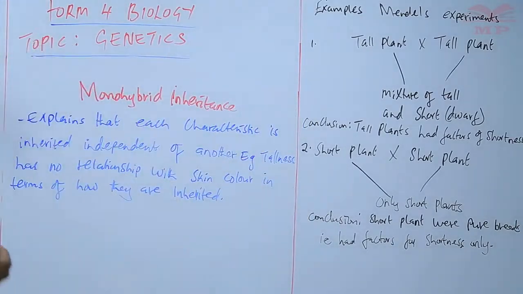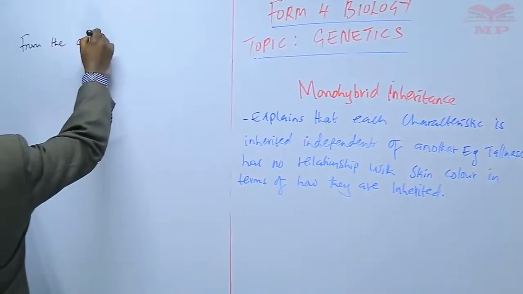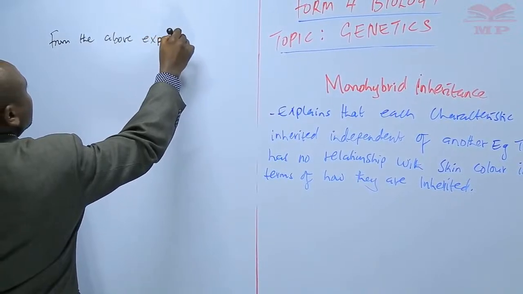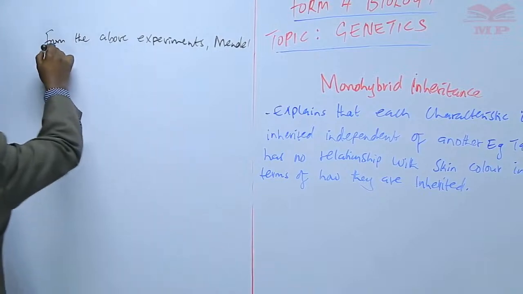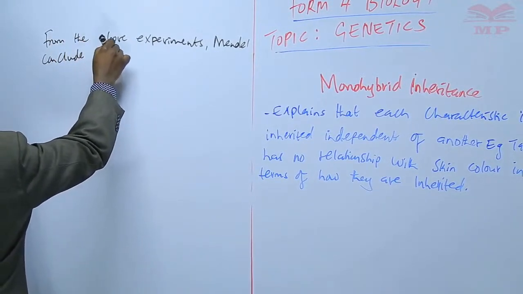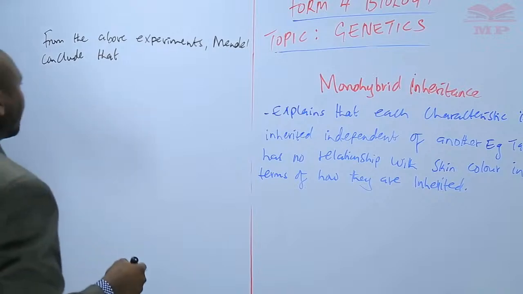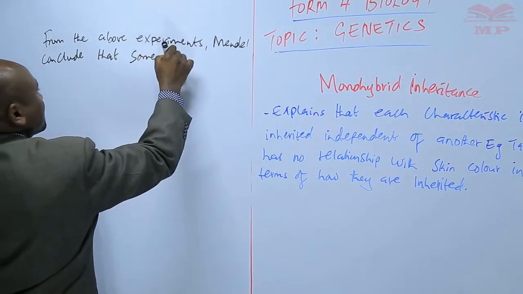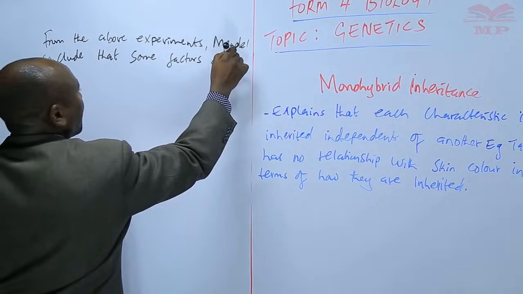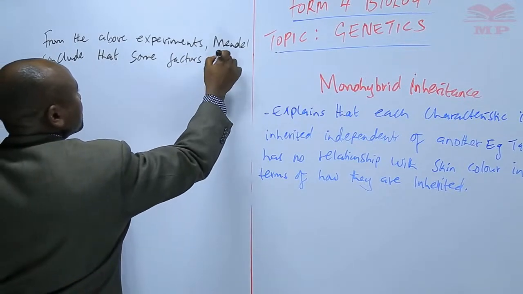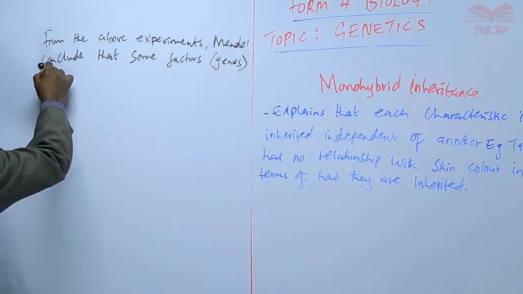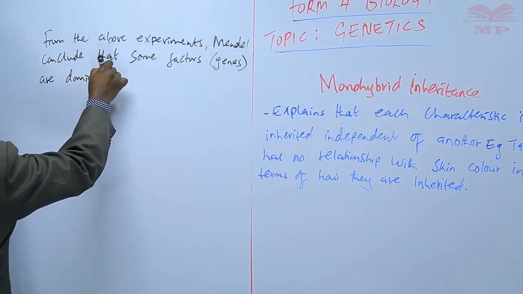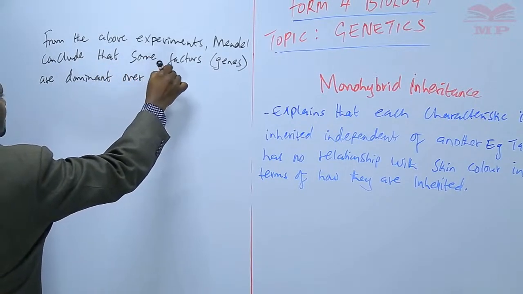So here, from the two experiments, Mendel concluded that some factors, now what we are calling the genes, are dominant over others.